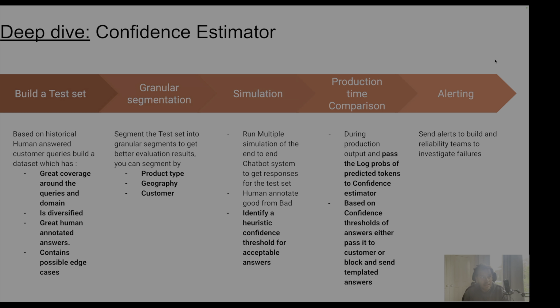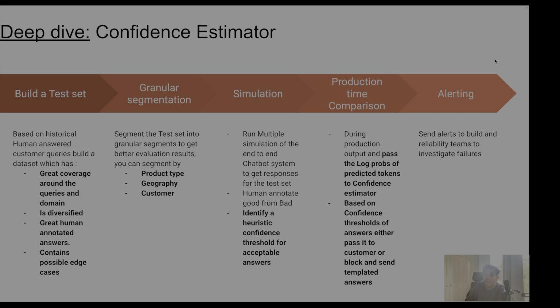And finally, after the simulation, you need to do a production time comparison. Wherever you observe that some of the answers of a large language model deviate away from similar questions that you have tested in the simulation, that is where you go in and raise an alert. The alert might be just an alert so that someone can look at these things.